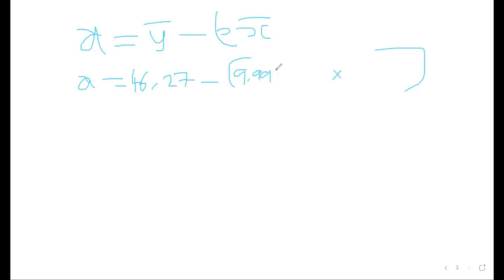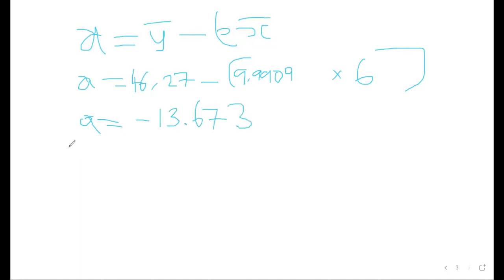I'm sure you still remember this from QM. Our x bar is 6 here. So our alpha level is negative 13.673.